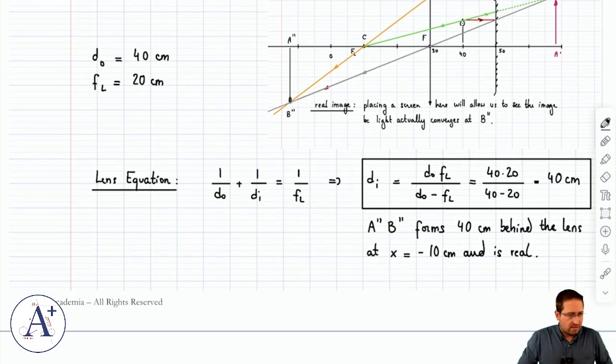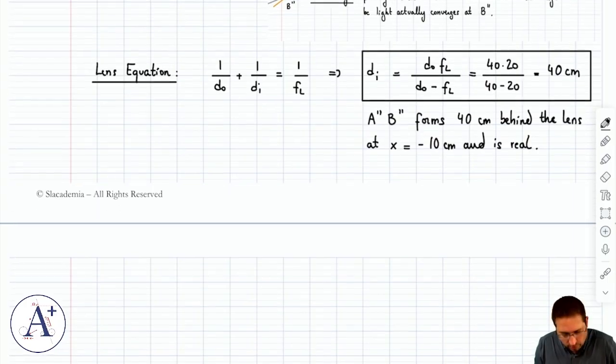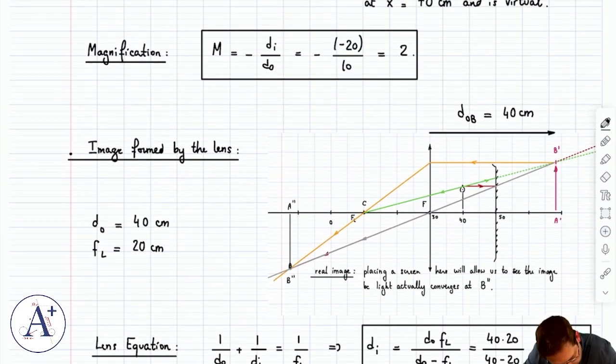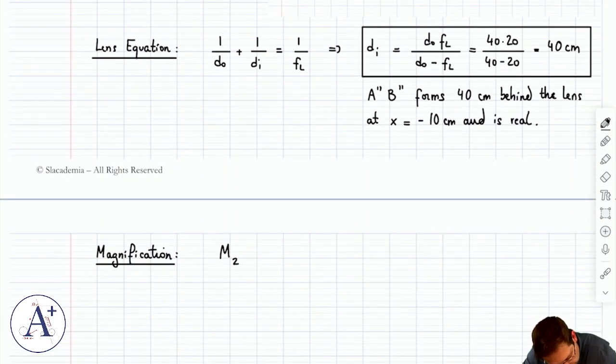All right, and so let's get the magnification while we're at it so that we can get the total magnification of the system. So magnification M, I should probably call it M2. Let me call this M1 for convenience. M2 is going to be minus D image over D object.